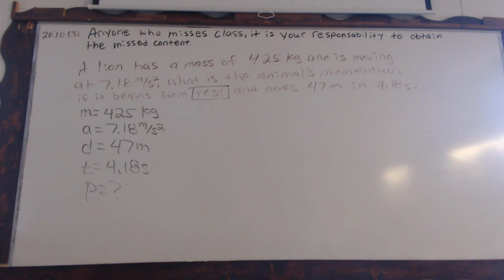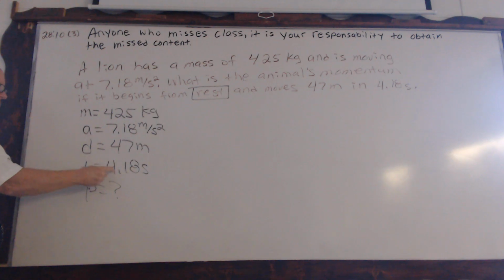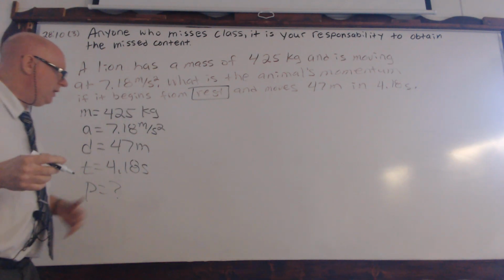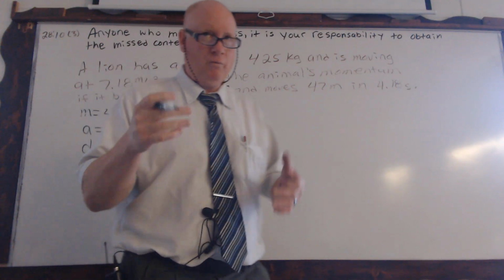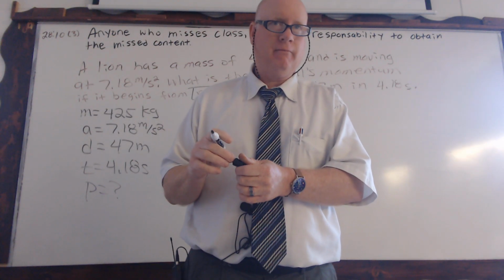One, we have an acceleration up here with enough material to solve for a final velocity. It's distance over time. Once we find our velocity with that, what would you do with that answer? It would turn into your final velocity.